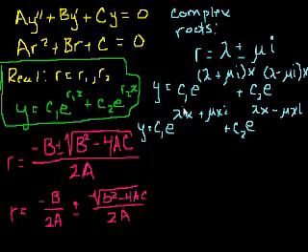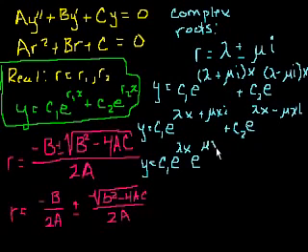Well, when you add exponents, this is the exact same thing as y is equal to c1 e to the lambda x times e to the mu xi, right? If you have the same base and you're multiplying, you can just add exponents.